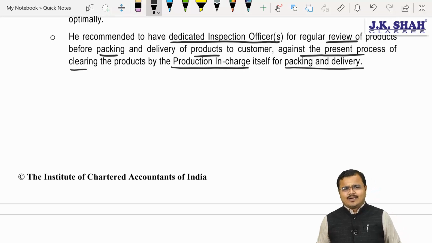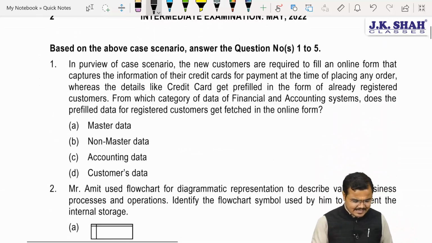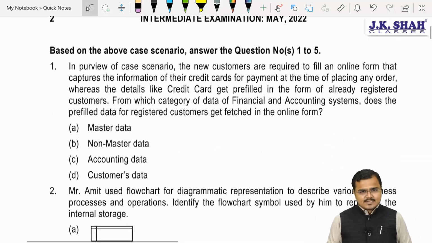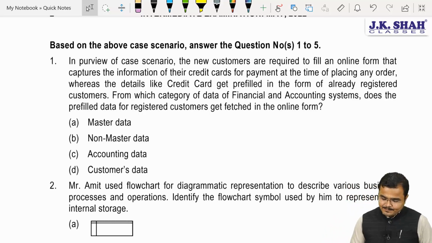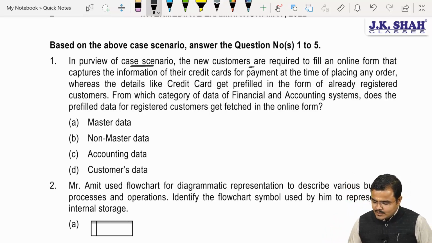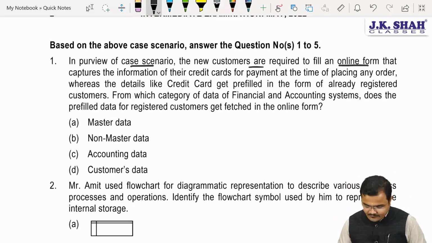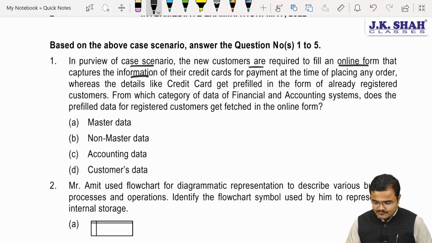So let's try to understand now what kind of questions they are asking. Okay? Yes. So this started, only 5 MCQs are there. So please concentrate very carefully. In purview of the case scenario, the new customers are required to fill an online form that will capture the information of their credit card for payments at the time of placing any order.